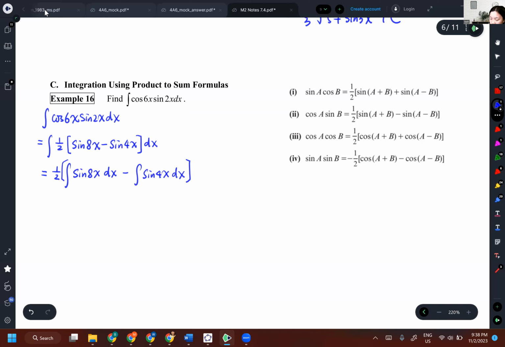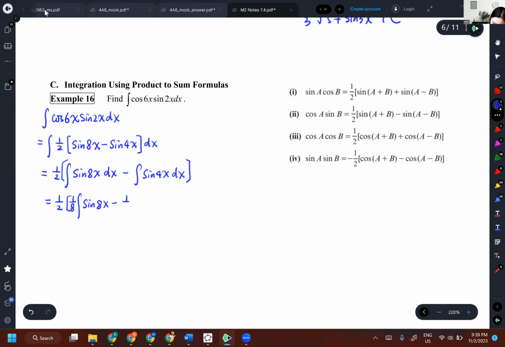Maybe you put the bracket here now. Okay, and then this is 1/2 sine 8x, 1/8 d8x minus. Now here, I think it just looks better if I put 1/8 outside. And then this one is 1/4.